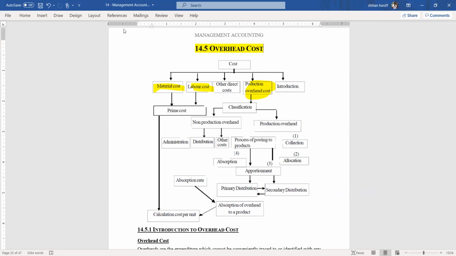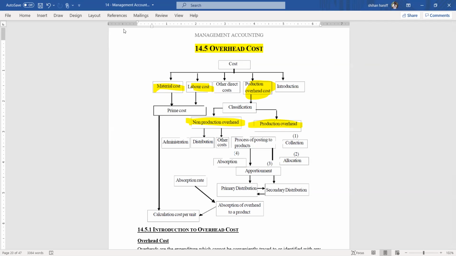Overhead cost means the electricity, water, rent, right? All indirect costs, right? So we classify all the overhead as non-production overheads and production overheads.